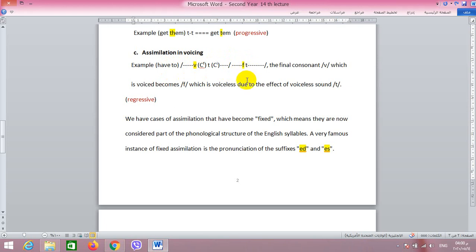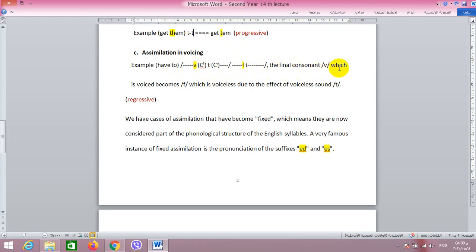It's not a change in the place, it's not a change in the manner, it is only a change in voicing, because v is still labiodental, f is still labiodental, and both of them are fricatives, but the change is from voiced v into voiceless f.